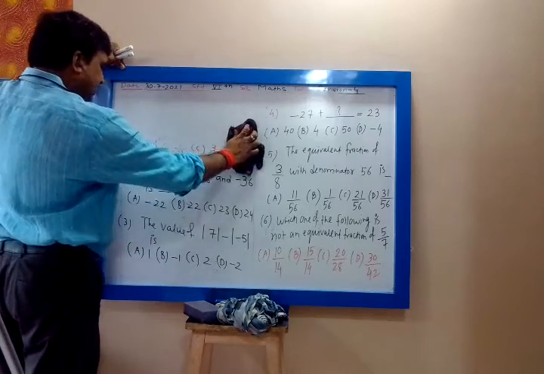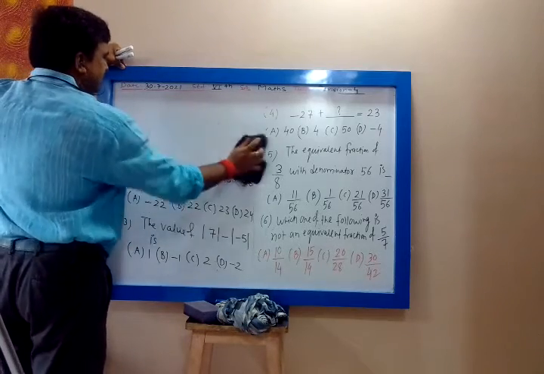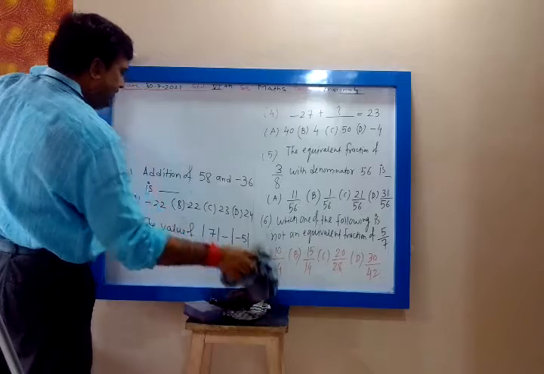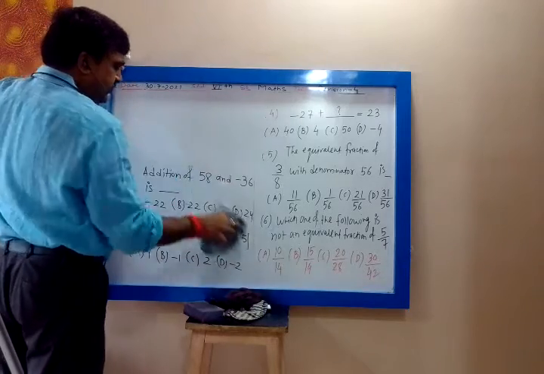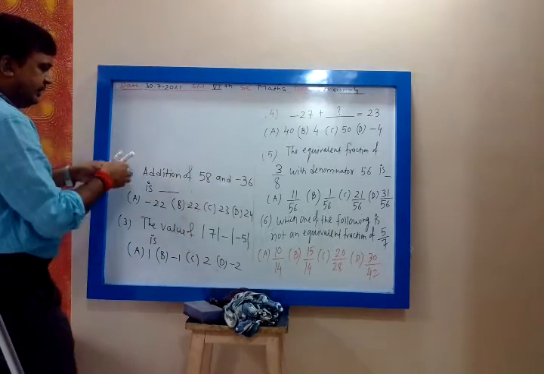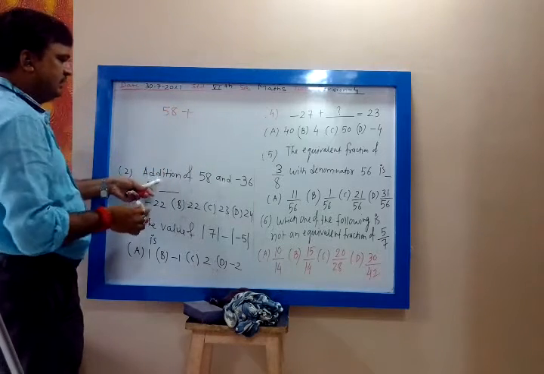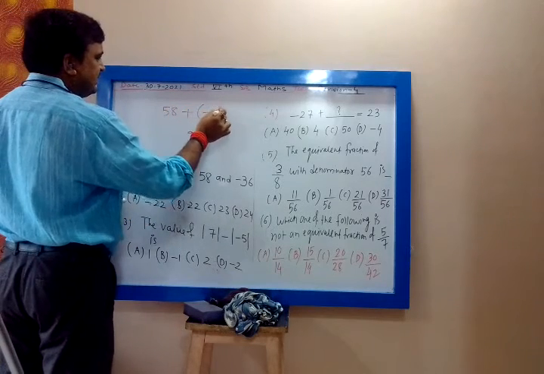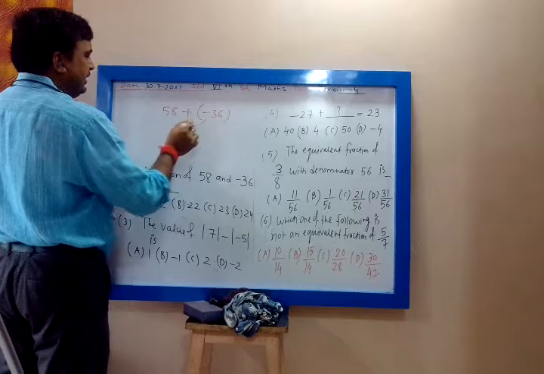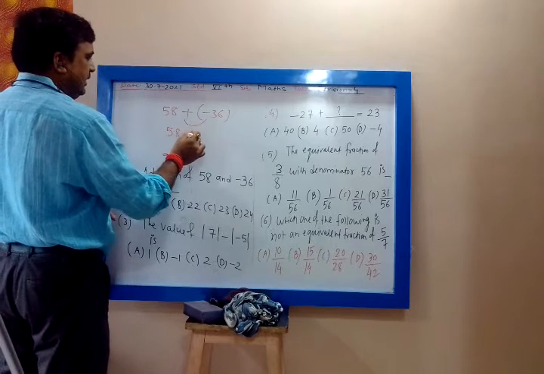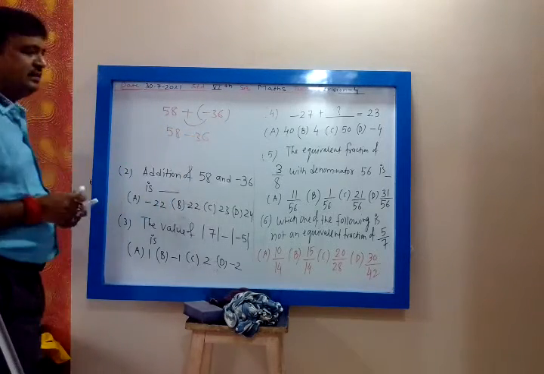24 is the wrong answer, my dear. Why? Addition means plus. Which number? Minus 36. So plus and minus are together, 58 minus 36.